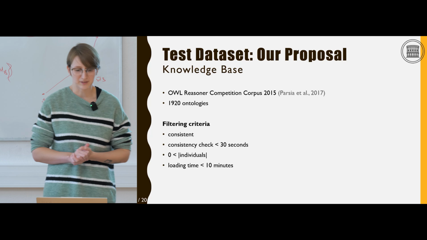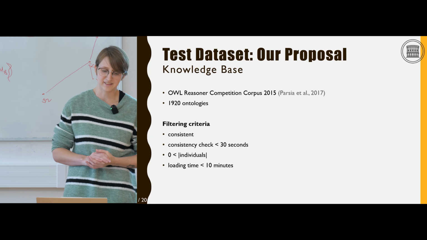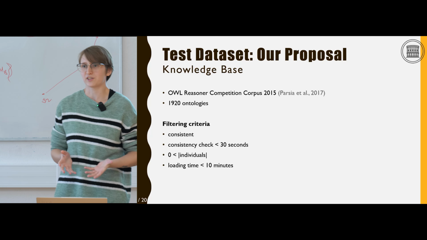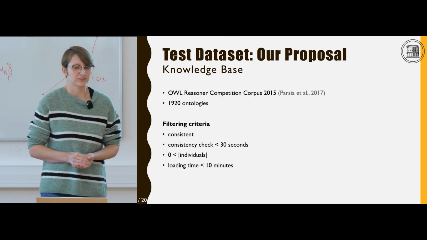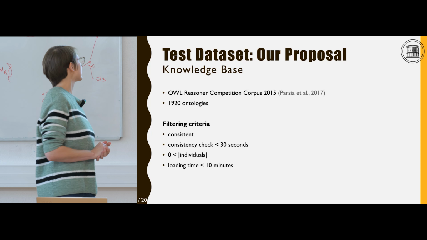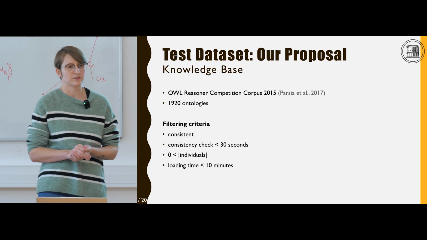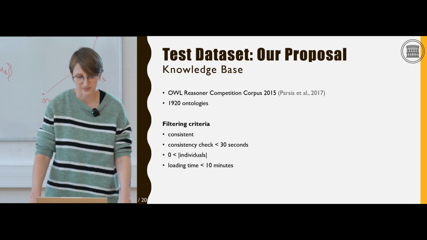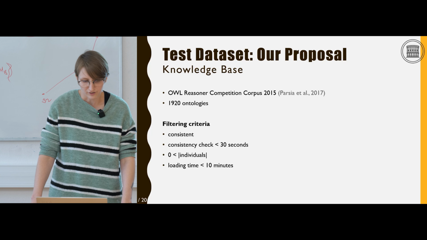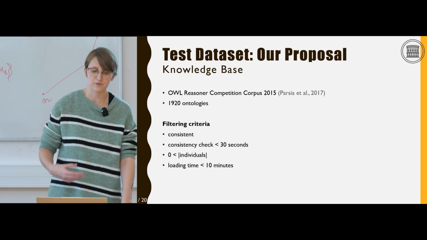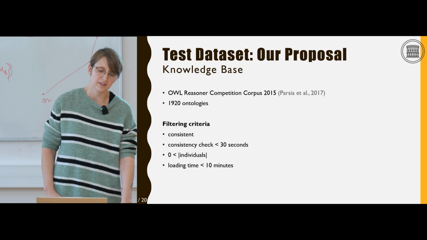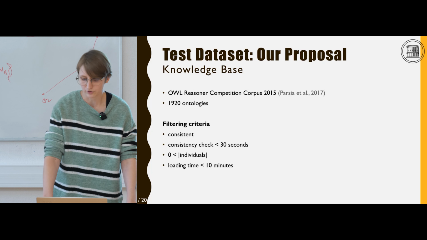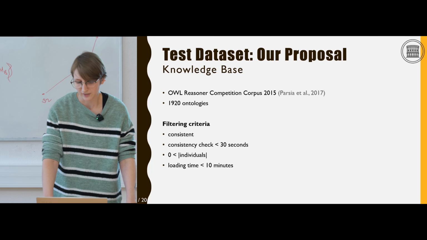So we applied some filtering criteria to choose only interesting ones. Those ontologies should be consistent. Their consistency check should take max 30 seconds, they should have at least one individual, and the loading time of the ontology should be less than 10 minutes.